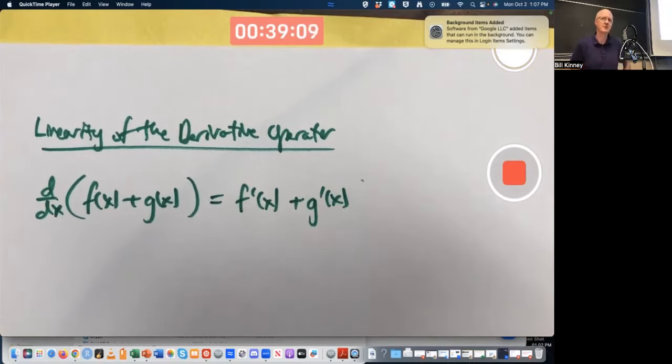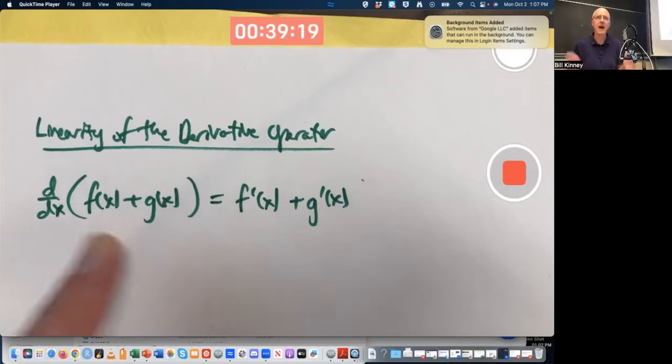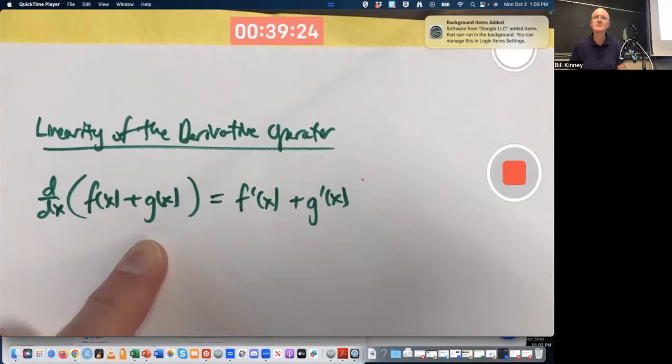When you make certain assumptions, what assumptions do you need to make to be able to say this? You need to assume f and g are differentiable at whatever value of x you happen to be thinking about. I'm doing an arbitrary value of x here. I could imagine x is a specific number when I think about this, and it's still true.